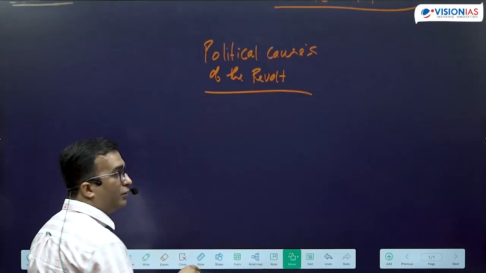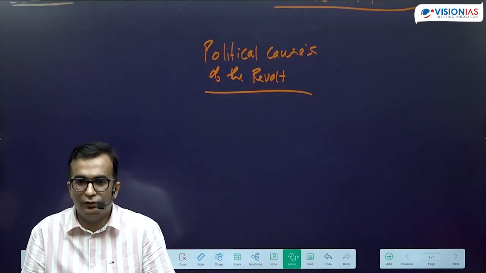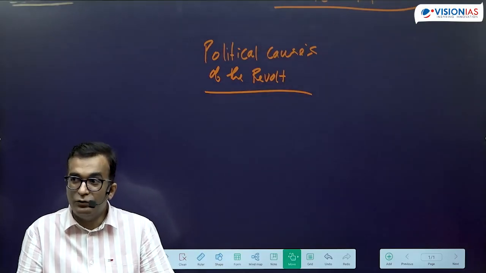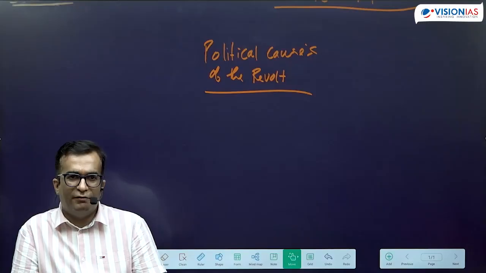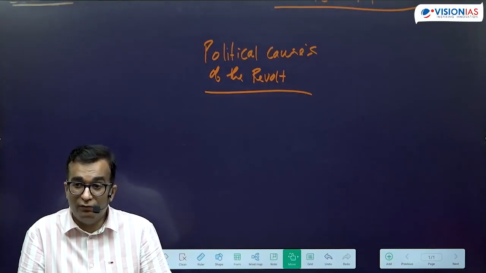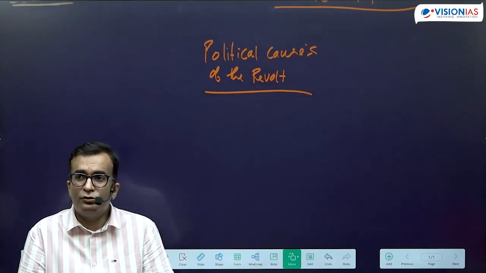Now when it comes to political causes of the revolt, obviously we'll start with all those policies. We need to make a reference to all of them. That is subsidiary alliance system, doctrine of lapse. The most important is the doctrine of lapse. But let's talk about some of the initial British policies over here.